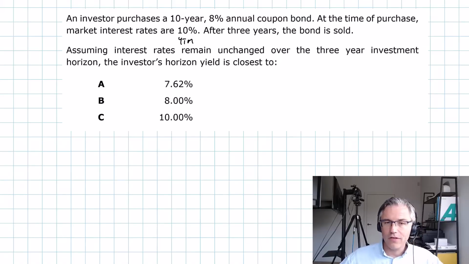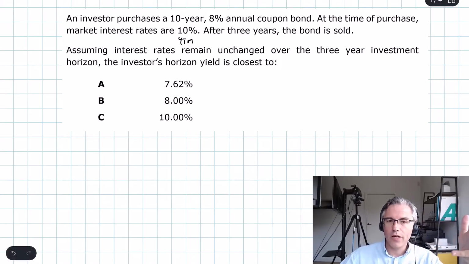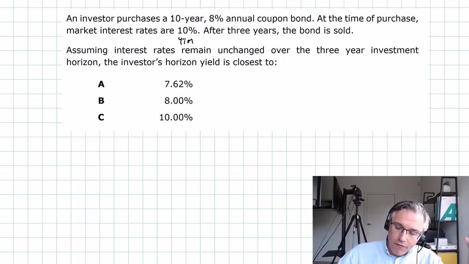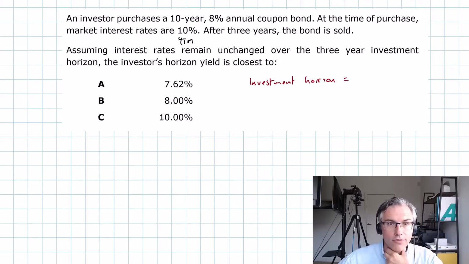Now, we'll define horizon yield as basically the internal rate of return, or the rate of return realized over the 3-year period, or it's going to have to be annualized. But let's work on this. First of all, we need to say to ourselves that the investment horizon in this problem, because the investor chooses to sell after a 3-year period, is simply going to be 3 years.